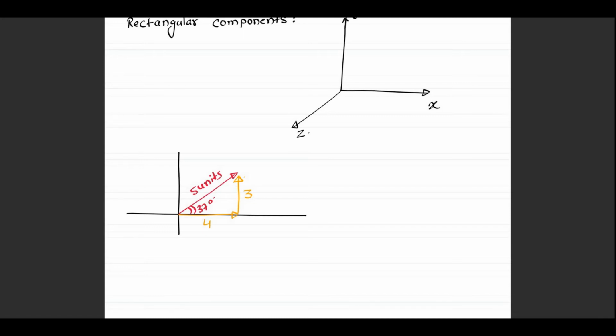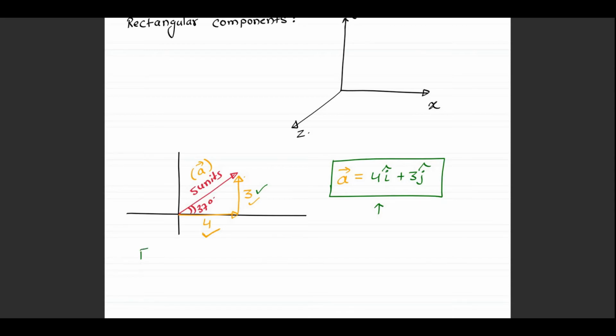So can I say this vector, that is A vector, is basically addition of these two vectors. This vector can be written as 4 i cap, magnitude into unit vector along the direction, and this can be written as 3 j cap. This is how you represent a vector in its rectangular components. Correct? This is how you represent it in terms of rectangular components.